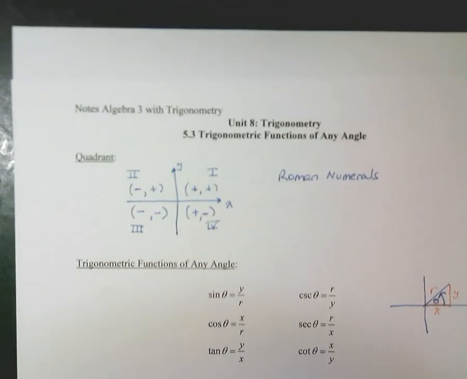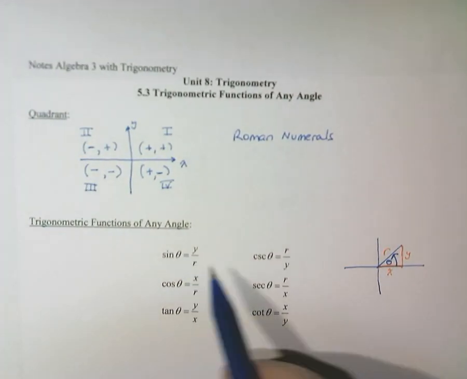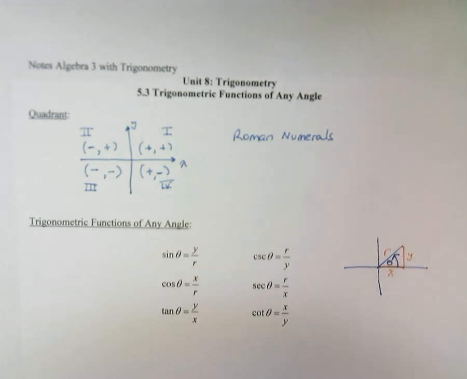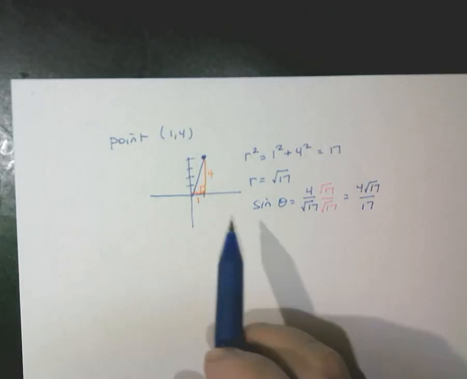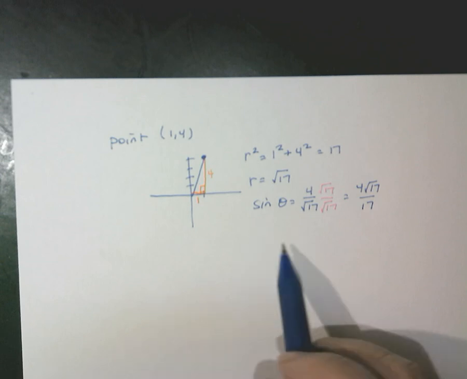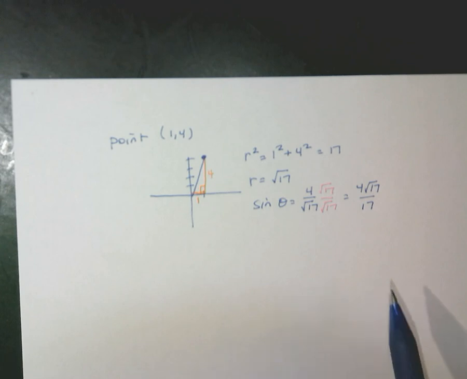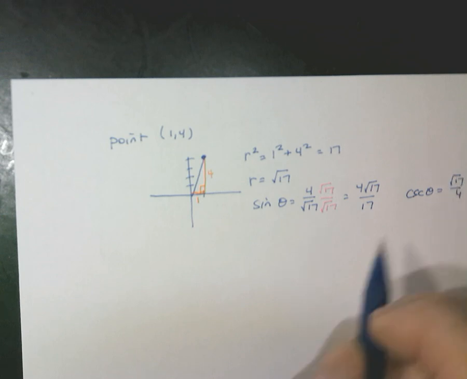If you go back to here, that's what I was showing you in this case, y divided by r. So y divided by r, 4 divided by the square root of 17. And I would continue, and I could find every single one of these. Cosecant is a reciprocal of this, so the square root of 17 over 4.